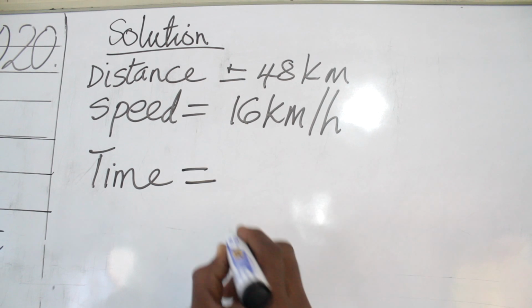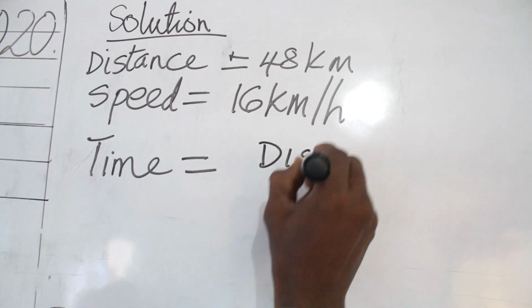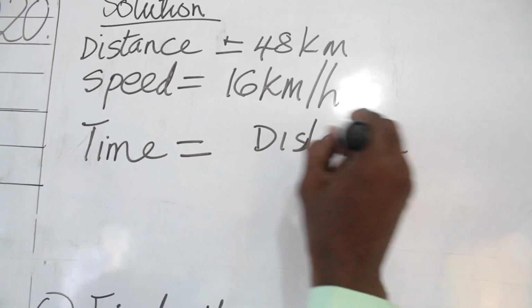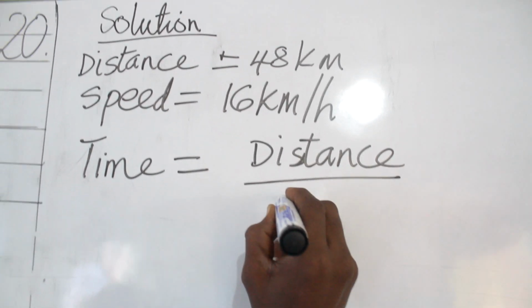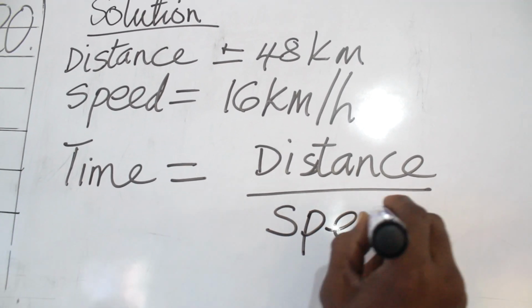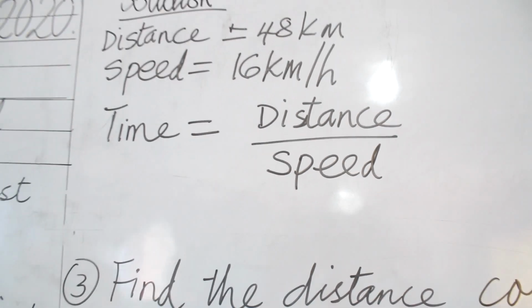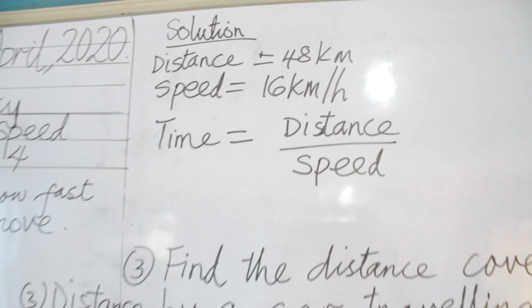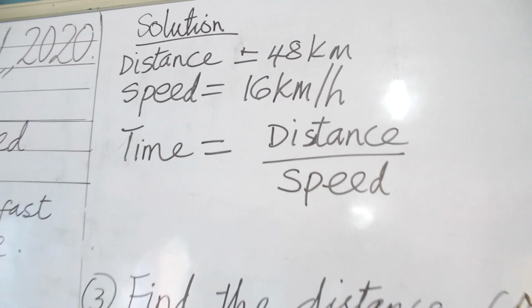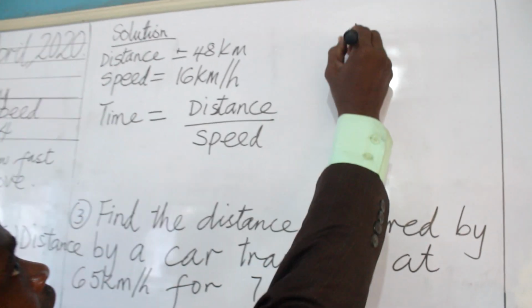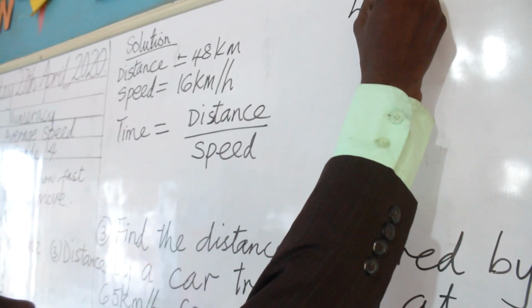The formula for finding time is distance divided by speed. Distance divided by speed. Our distance given there is 48 kilometers.